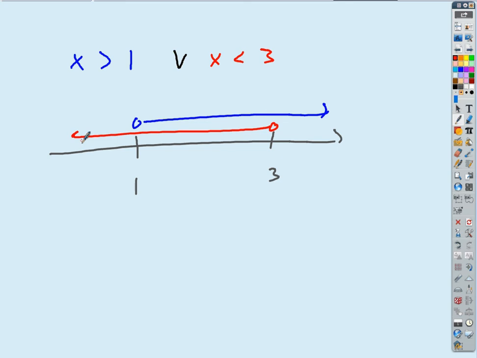Can anybody find me a number that is not one of those two things? 2 would work. How about negative 10? Is negative 10 greater than 1 or less than 3? It is. Less than 3, isn't it? How about positive a billion? Is positive a billion greater than 1 or less than 3? Yeah. So what's the answer this time? All reals. Yeah, because every place on the number line is either blue or red, right? So this one would be all reals.